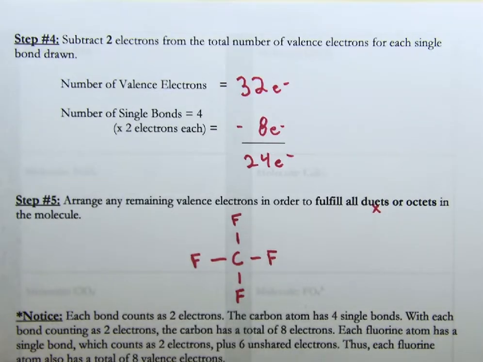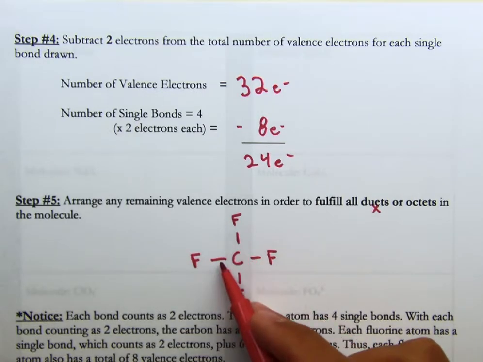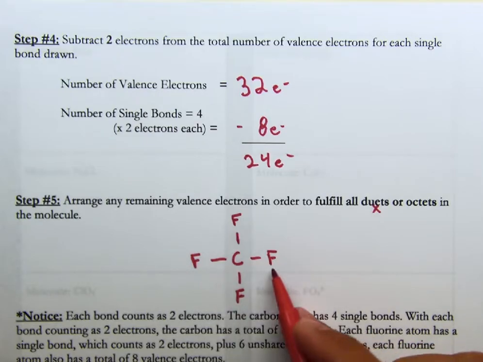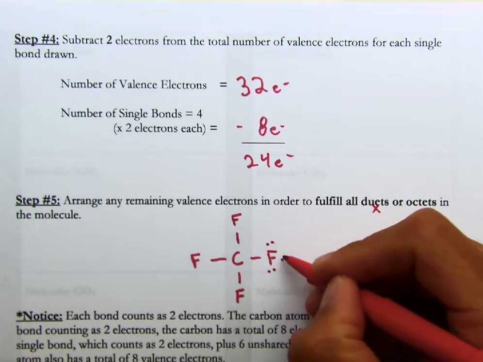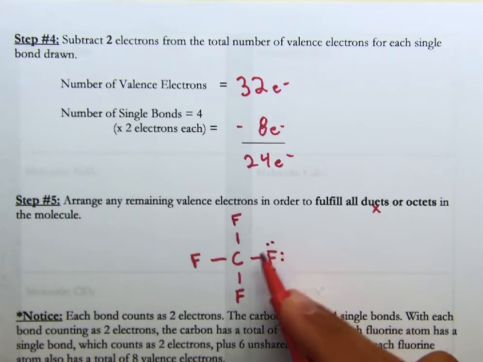And we have 24 electrons left. Now, if you look at carbon, carbon has 2, 4, 6, 8 electrons on it. So it has a full octet, so it's done. But this fluorine only has 2. So I'm going to add 2, 4, 6 electrons to this fluorine. So now this fluorine has 2, 4, 6, 8.